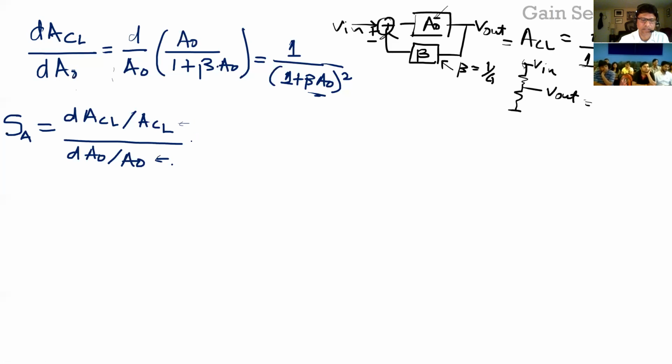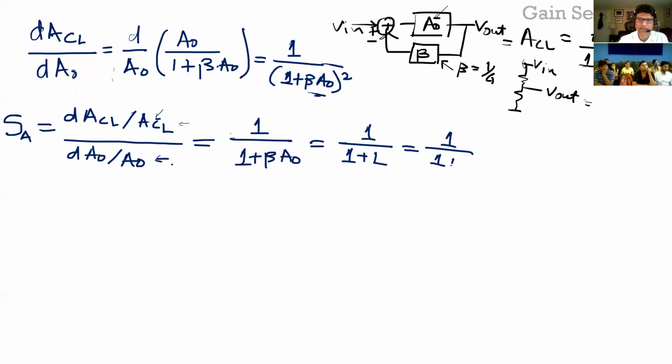That's maybe a better definition of sensitivity. And here again, you substitute the closed loop transfer function, and this is just A naught. If you do that, you'll actually get 1 over 1 plus beta times A naught, which you can write as 1 plus the loop gain or 1 plus the transmission gain. It's all the same, right?